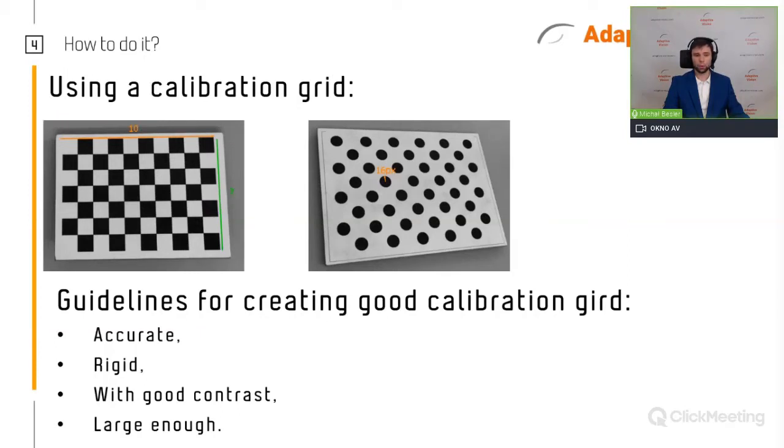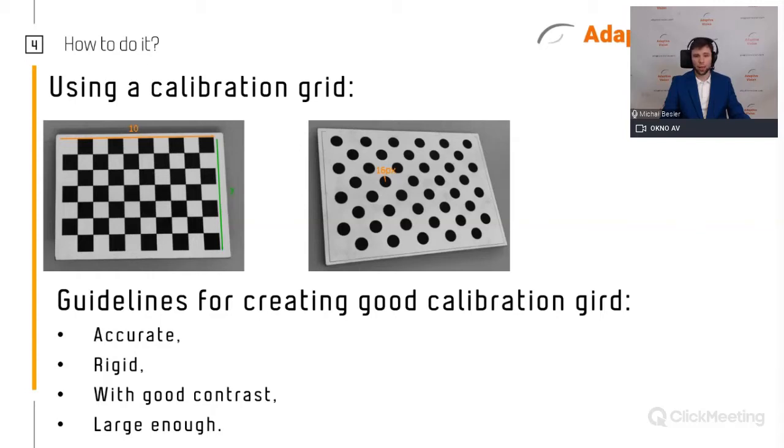And the last requirement pointed out here is that the calibration grid should be large enough. Of course, we don't have to cover the entire work plane with just one calibration grid. We can use a number of images with the calibration grid placed in different positions, so that finally it will cover our entire work plane.